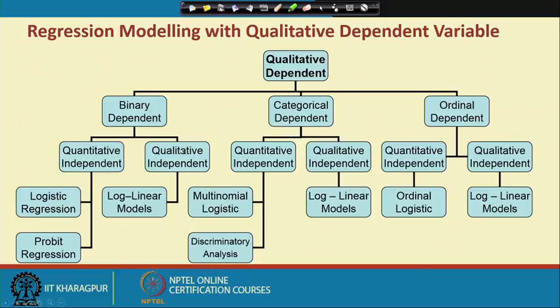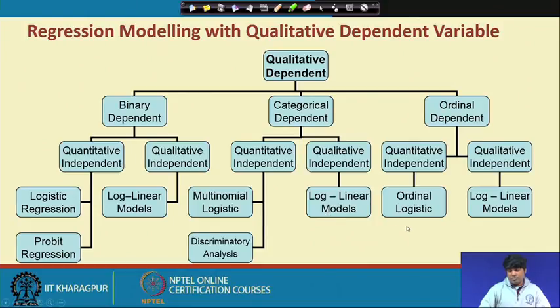If it is qualitative independent, it will go with log linear models. In the categorical dependent case, for quantitative independent it can be multinomial logistic or discriminant analysis, but for qualitative independent it will go with log linear models.